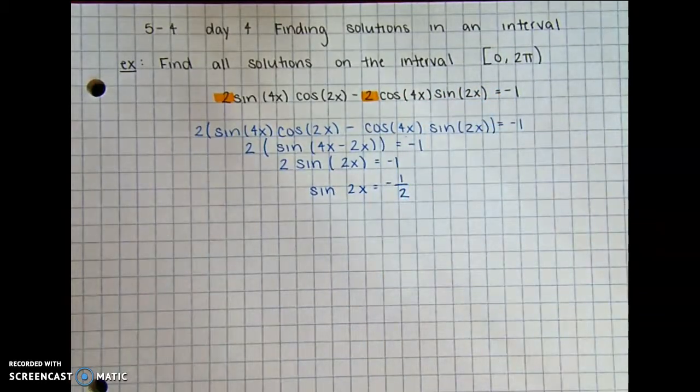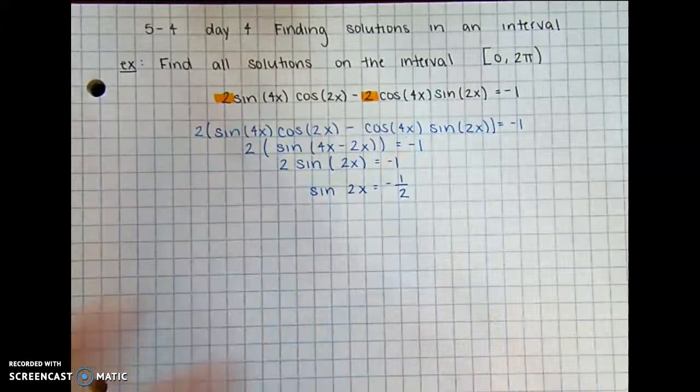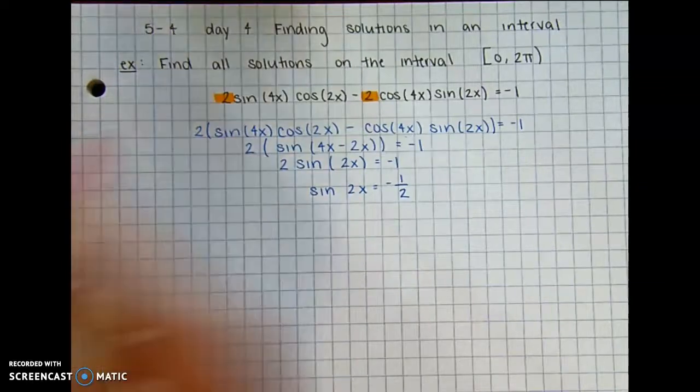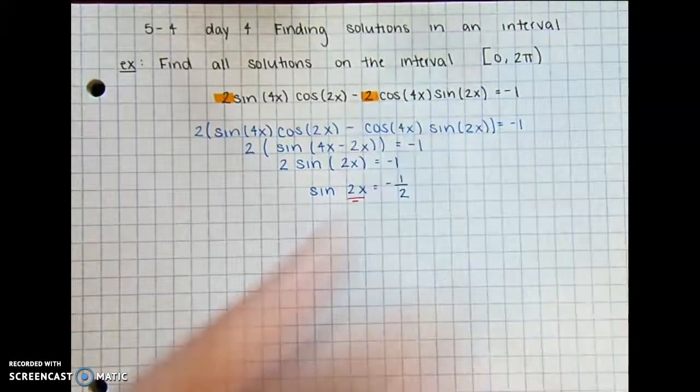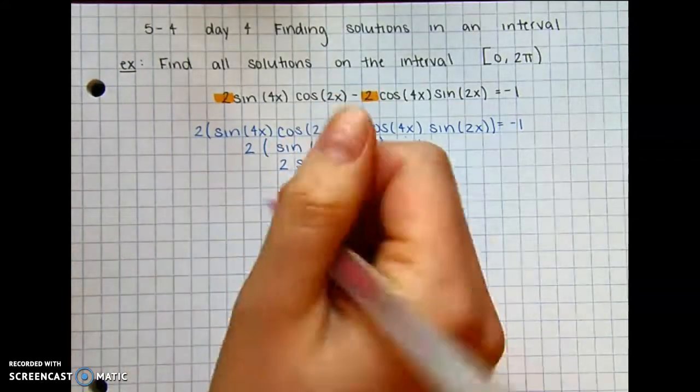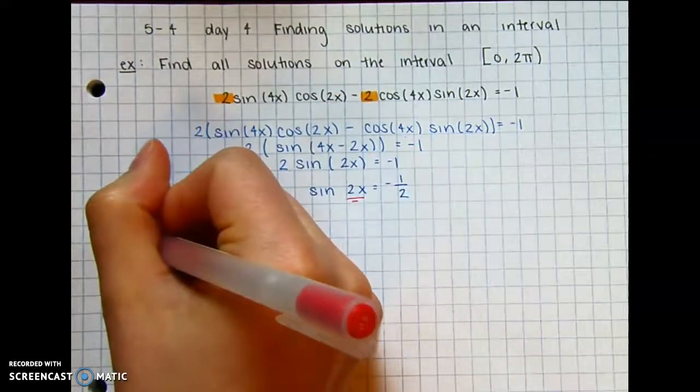Now, this is where it looks different. So the solving part's not too bad, but at this point, it looks a bit different because this is a 2x and we're used to it just being x. So we're going to take some additional notes on this.